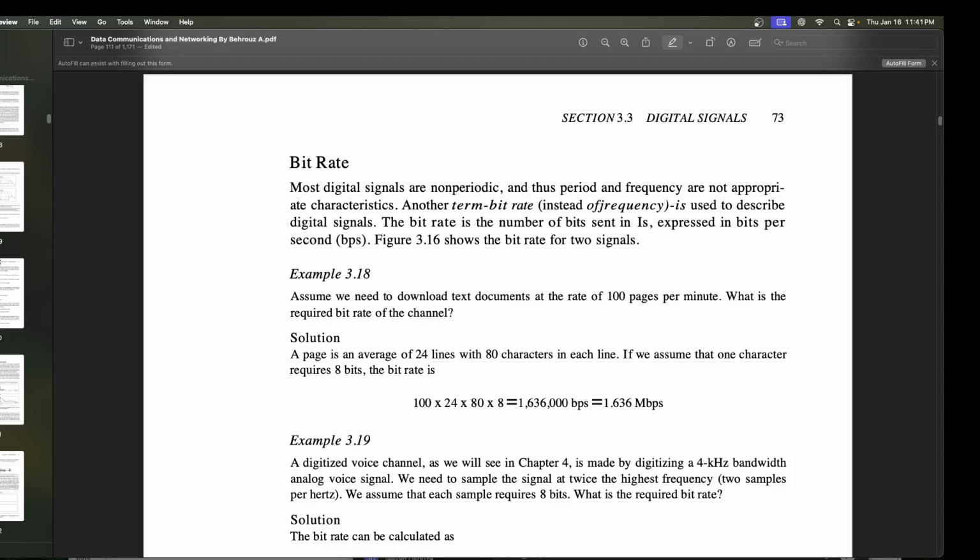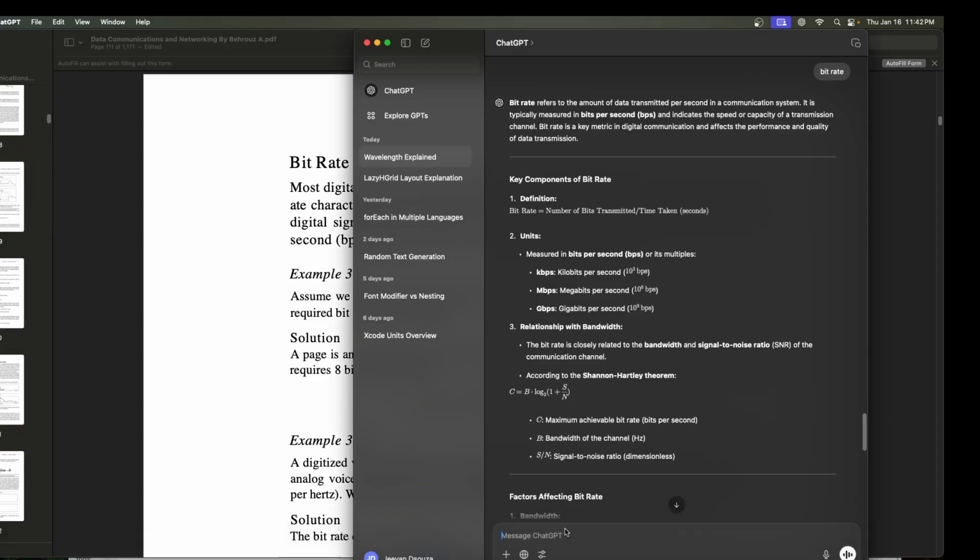Assume we need to download text documents at the rate of 100 pages per minute. I mean, what is the goal of the number of bits?